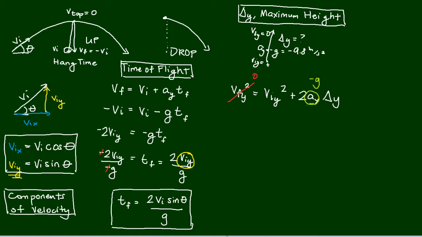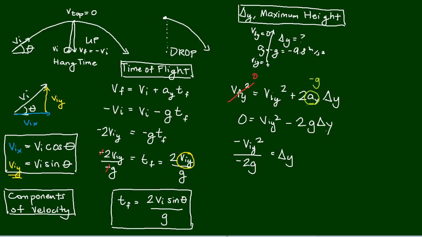Okay, so if we rearrange this, we get 0 is equal to Viy squared minus, because there's a negative sign, 2g delta y. We can put everything to one side except delta y. We get negative Viy squared all over negative 2g, that's equal to delta y.